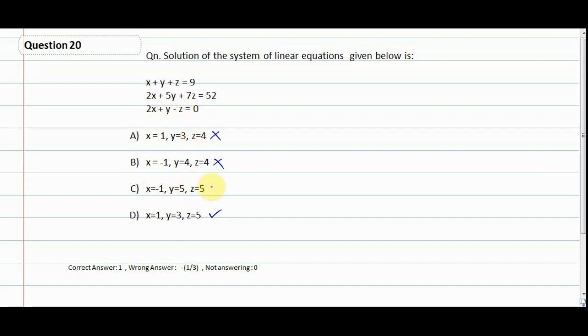So this is not the right answer. But if you substitute values given by option D, what we get is 2 plus 3, 5 minus 5, that will be 0. So option D satisfies equation number 3. Therefore option D is the right answer. This way we may save a little bit of time by not going for Cramer's rule.